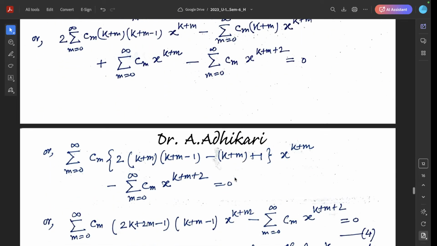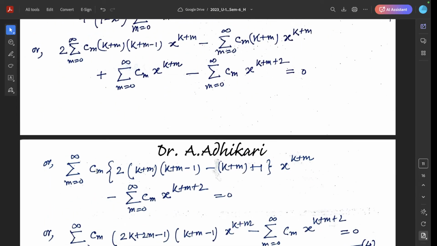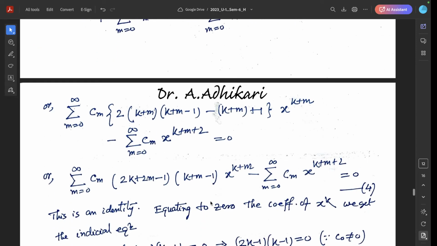And so we get this summation c_m common: 2 into (k plus m) into (k plus m minus 1), minus (k plus m), plus 1 is this term, and this minus of this term. So summation c_m [2(k plus m) minus 1][k plus m minus 1] x to the power k plus m minus summation c_m x to the power k plus m plus 2 equal to 0.